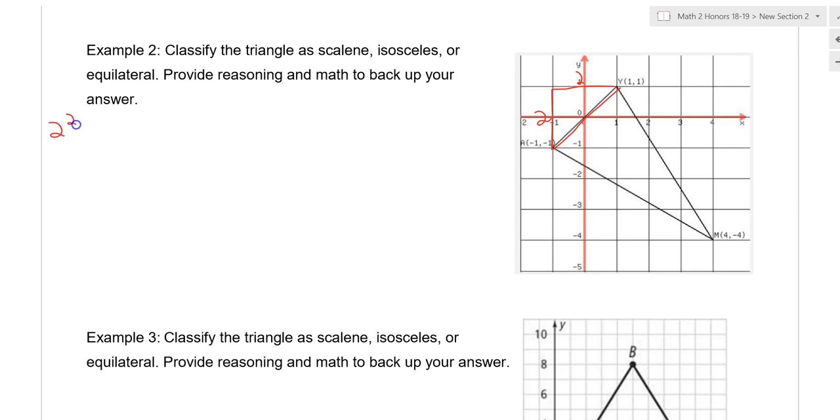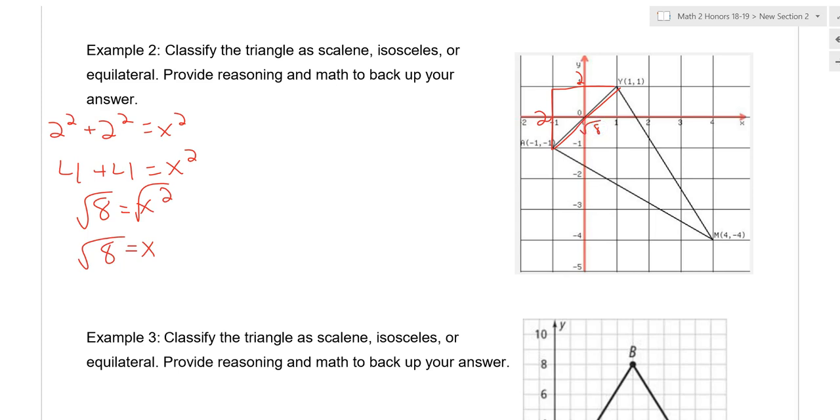So 2 squared plus 2 squared. So our first side is square root of 8.